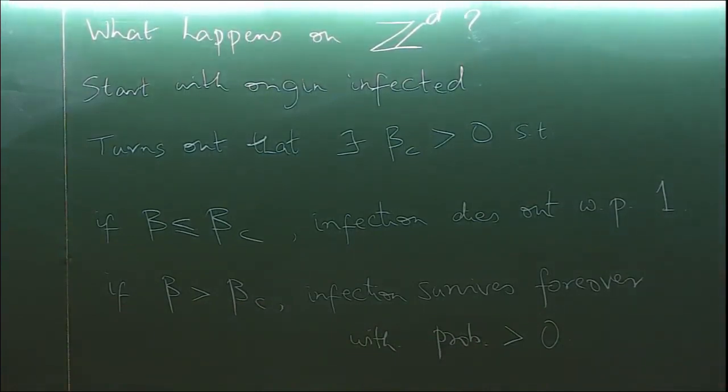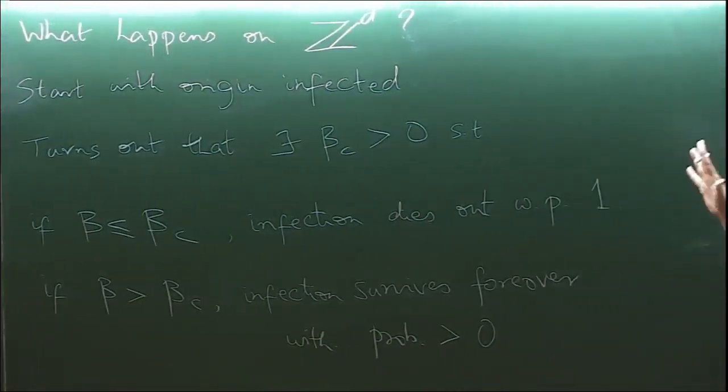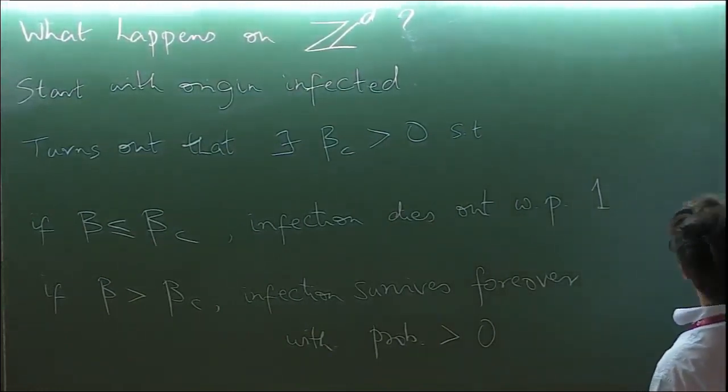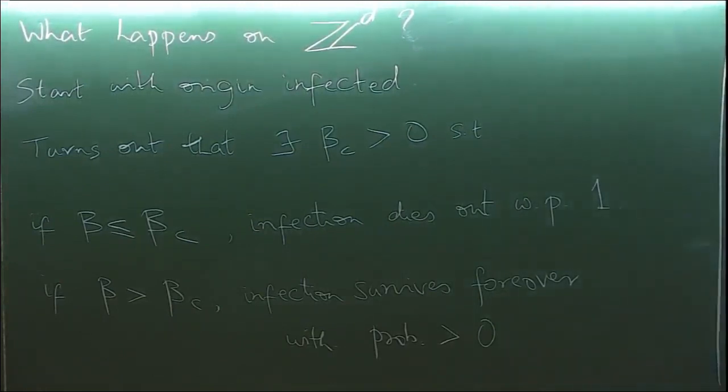Okay, and we'll talk about trees later, but for the moment, let's hold off on that. Something more complicated happens on trees. Okay, so this is what happens on infinite graphs. And it's reasonable to think that if you look at finite but very large graphs, you still see this infinite effect in some sense, and it turns out that that's true.